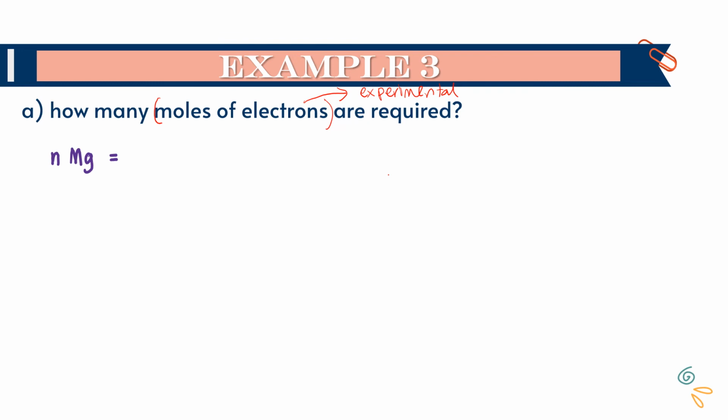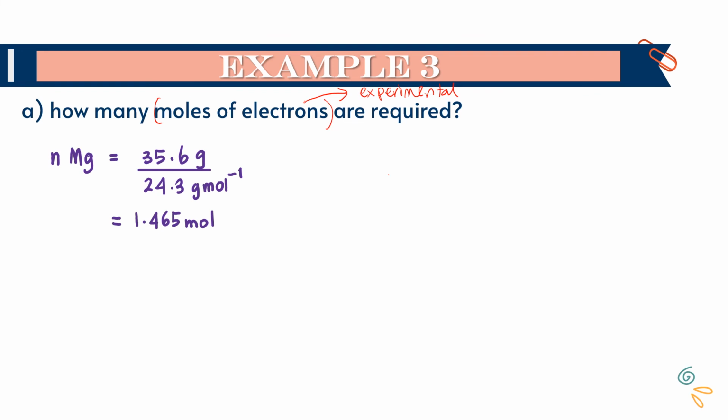Katakan awak stuck, awak tak tahu nak start dekat mana. So, make use of the information given. Dia dah bagi mass of magnesium. Tak tahu nak buat apa dengan mass of magnesium tu, cari saja number of mole. Somehow, it will be useful. Okay, so, we find the number of mole of magnesium. Okay, mass over molar mass. So, kita akan dapat 1.465 mole of magnesium.